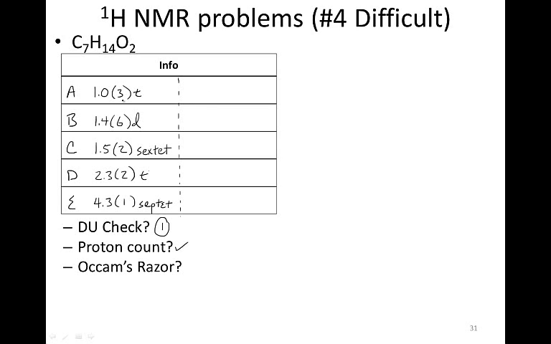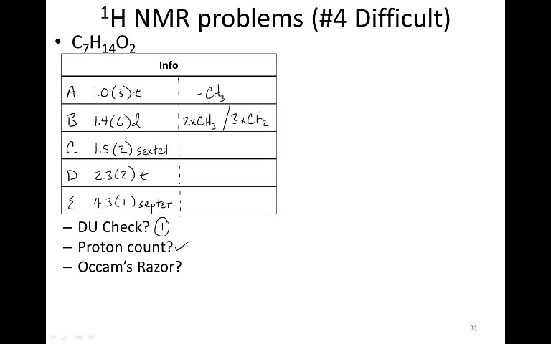So the first peak, peak A, is going to integrate to 3. Most likely explanation is a CH3. Next peak, peak B, integrates to a 6. And here, this is where we really have to make a decision. So we could have two possible explanations here. We could have two CH3 groups, or we could also have 3 CH2 groups.